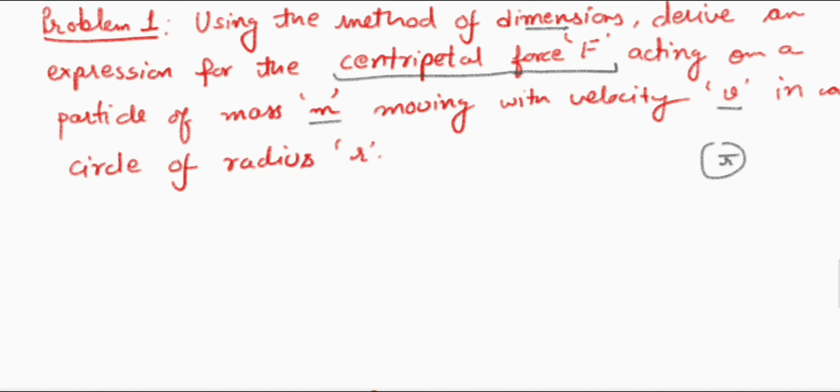So it means that the centripetal force is directly proportional to the mass, the velocity of the particle and the radius of the circle in which it is moving. So we can write F is directly proportional to m raised to power a, F is directly proportional to velocity raised to power b, F is directly proportional to the radius raised to power c.